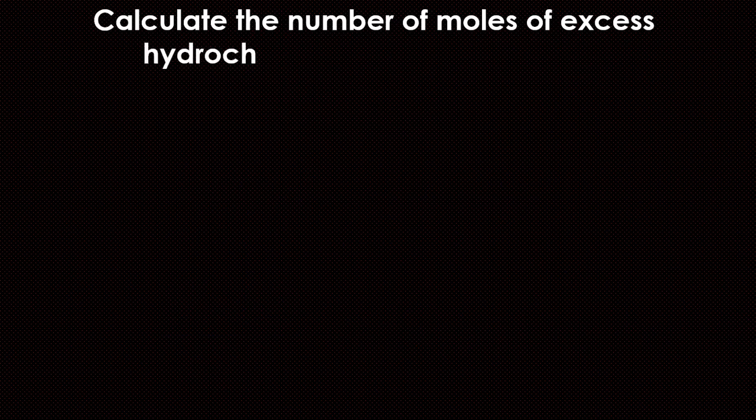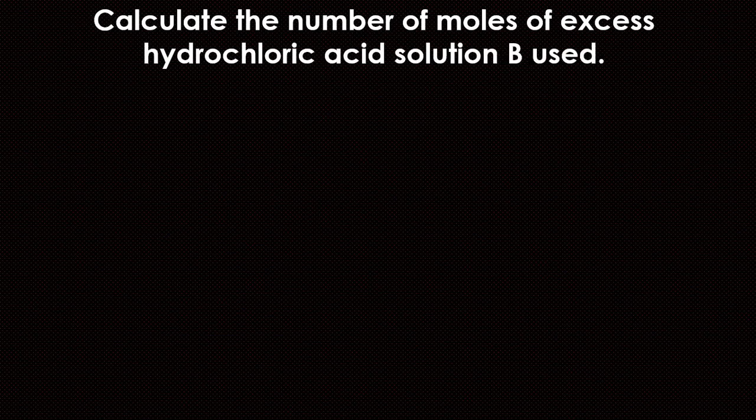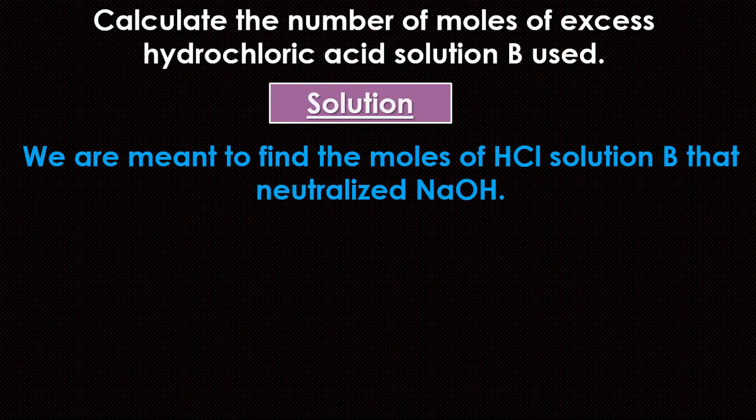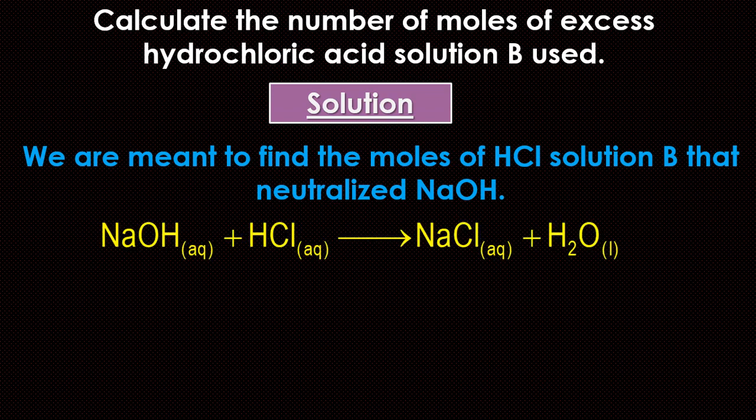Calculate the number of moles of excess hydrochloric acid solution B used. This is simply how many moles of hydrochloric acid solution B reacted with sodium hydroxide. Therefore, we have to invoke the concept of mole ratio, which means we must write the equation for the reaction. Sodium hydroxide will react with hydrochloric acid to form sodium chloride and water, and we can clearly see that the reacting mole ratio of sodium hydroxide to hydrochloric acid is 1:1.